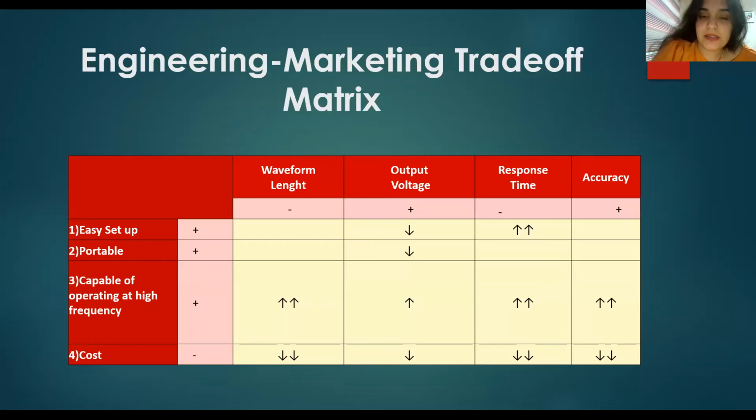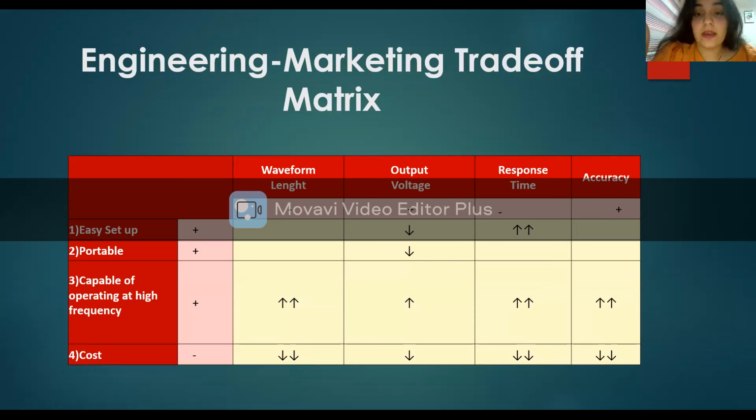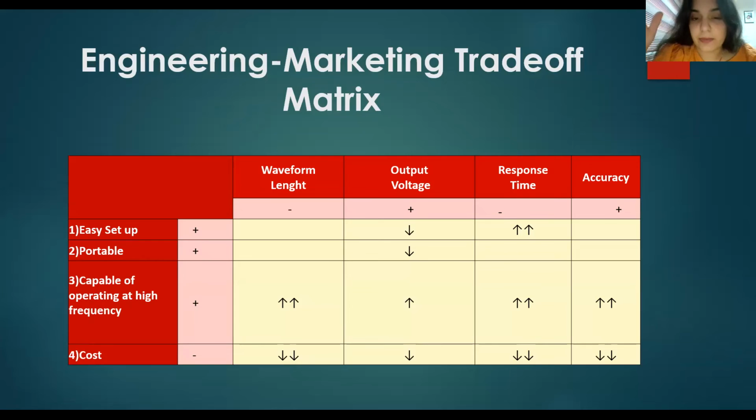In this presentation, I will talk about correlation between the engineering and marketing trade-off. Our product we designed. We determine waveform length, output voltage, response time, and accuracy as engineering parameters.